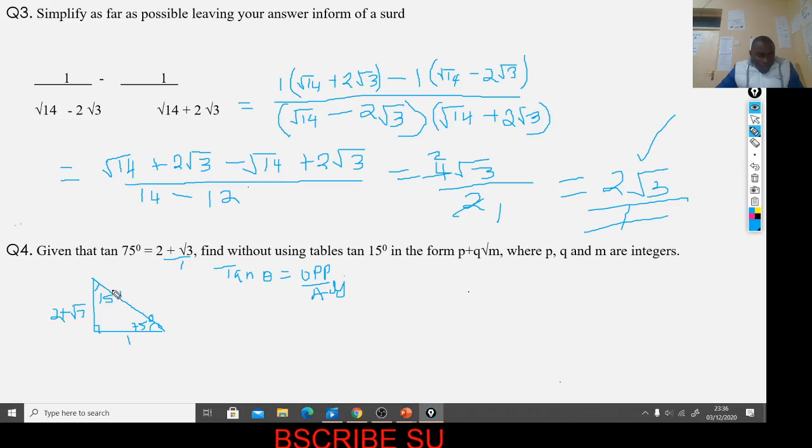So we can easily find the hypotenuse. The hypotenuse will be equal to the square root of this squared plus this squared.